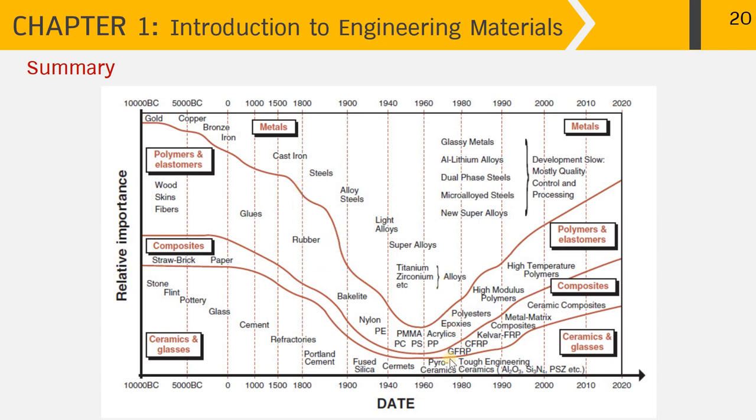And then towards the 20th century, all the materials' importance has been equalized as we are now developing advanced materials, functional materials, and nanomaterials to serve our daily life. And you will see how it's going to change through your age from now on.